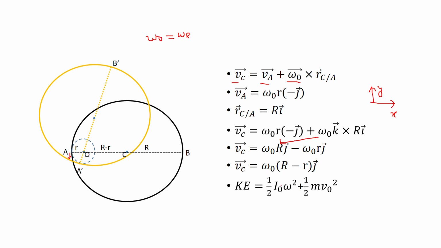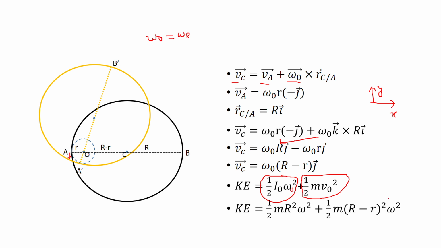Kinetic energy, we have just discussed, can be expressed as the sum of pure translation, this is your translatory part, plus the sum of pure rotation about the center of mass, and this omega is omega naught, because in this case the angular velocity of the ring is the same as that of the finger.